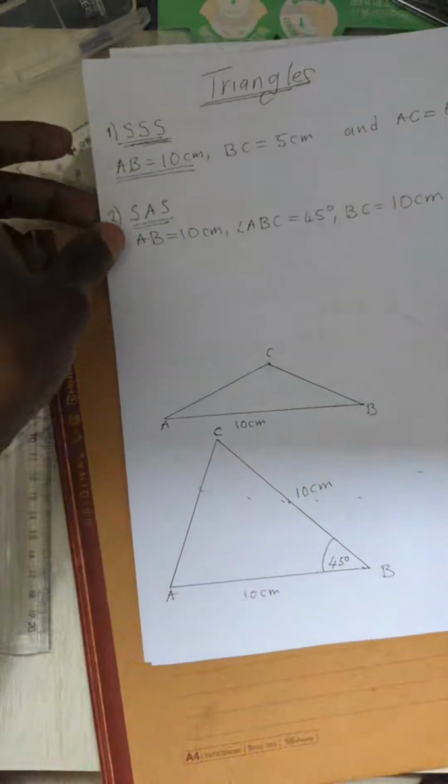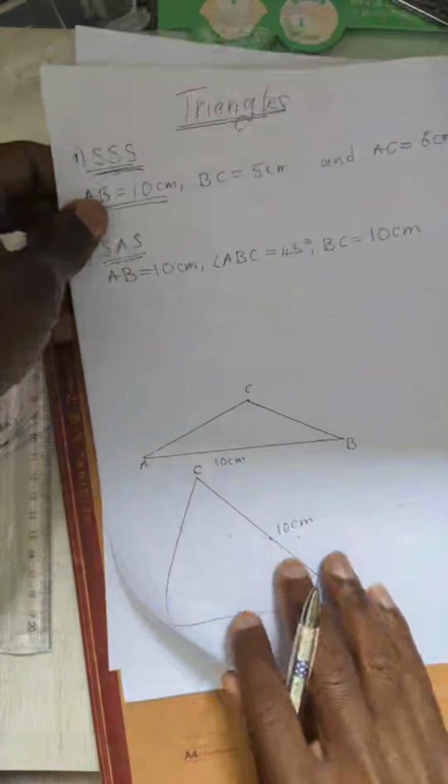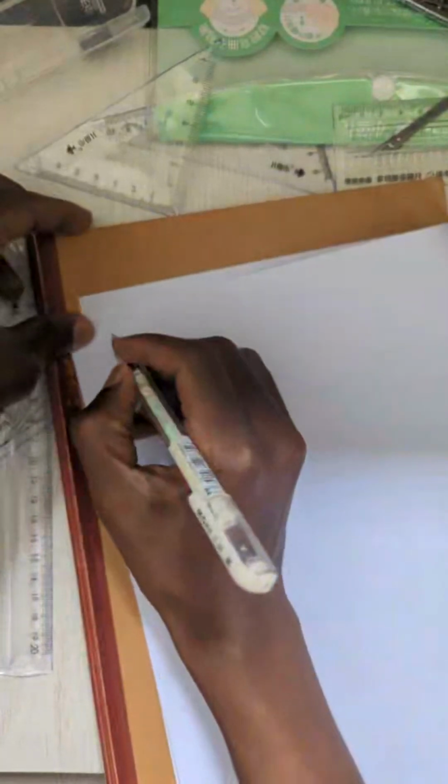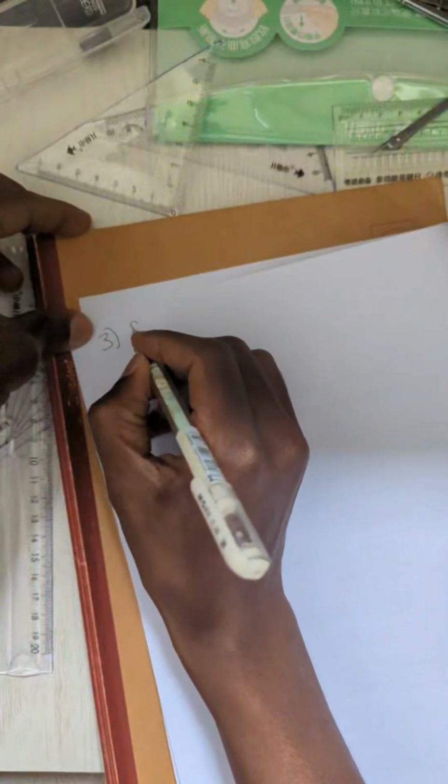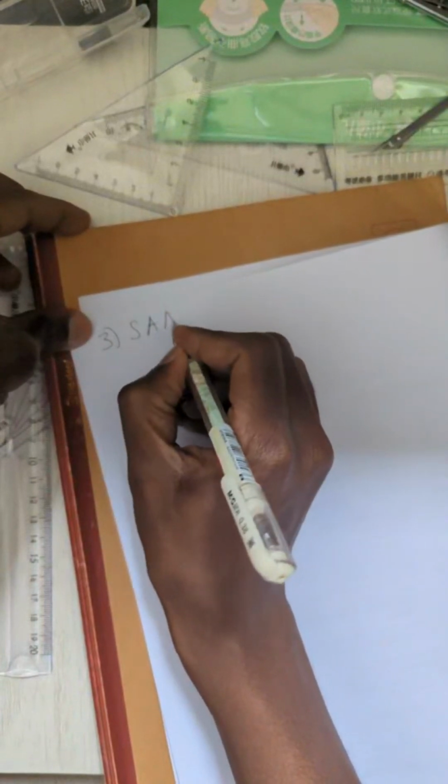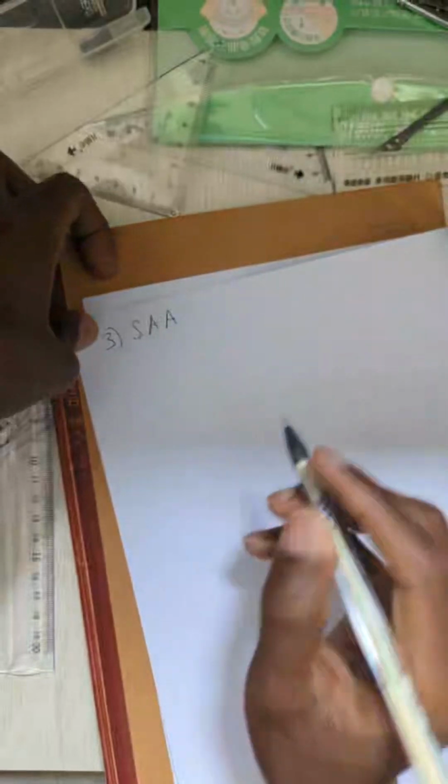Okay, let's go to case number 3. Case number 3 is where we have been given side, angle, angle: one side and two angles.